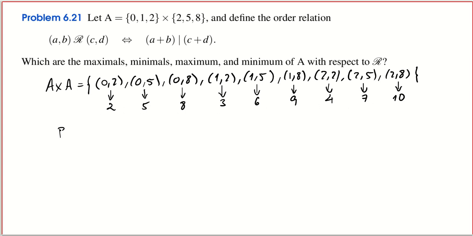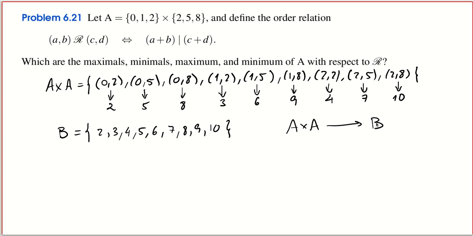So if we define the set B with all these elements, which are 2, 3, 4, 5, 6, 7, 8, 9, and 10, there is a bijection between all these elements and the elements of B. So if you have a pair here, the bijection is just a mapping to the sum of these two elements. So this is a bijection.